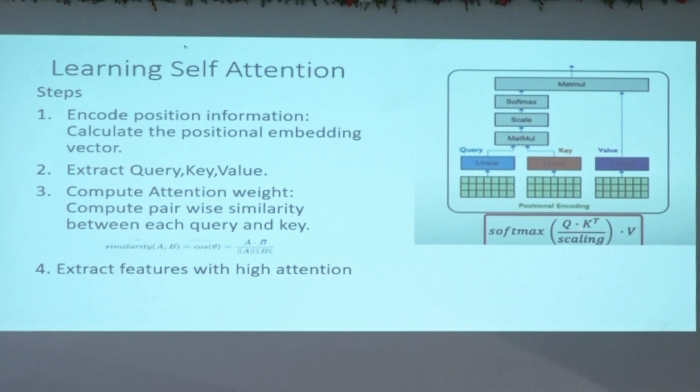So Q is the query, K is the search key, and the dot multiplication between K and Q is done, and that is multiplied with the given value, and on this we apply the softmax operation.